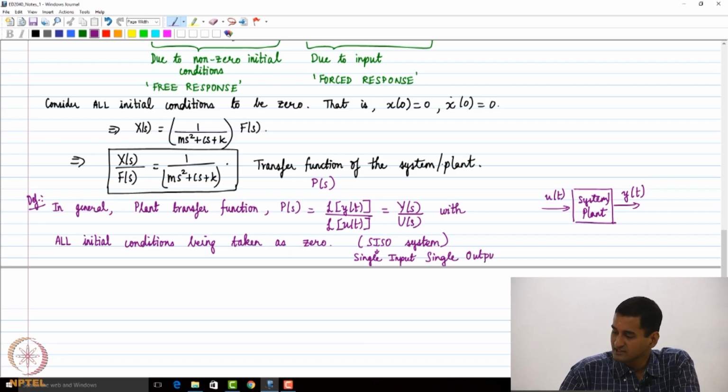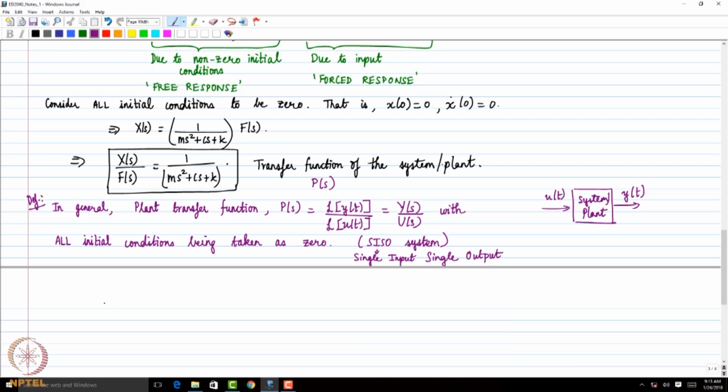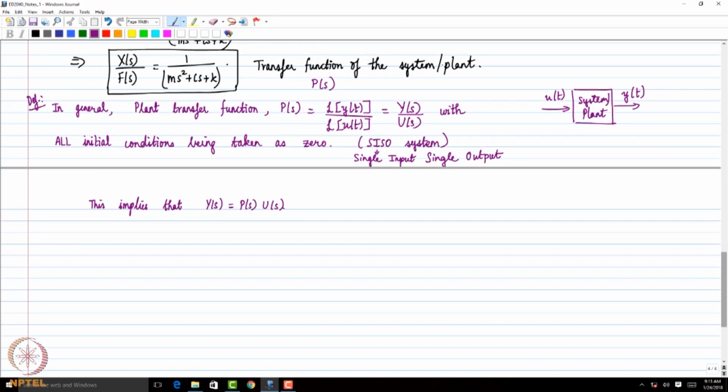So essentially, this notation holds true for a single input, single output system. Consequently, this implies that y of s is equal to P of s times U of s. That's something we can immediately get.